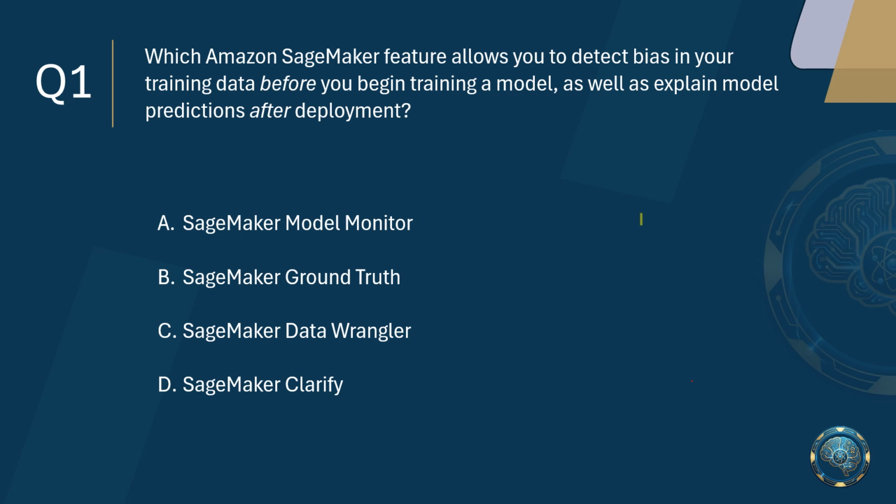Option B, Ground Truth. Option C, Data Wrangler. Option D, Clarify. I will give you 5 seconds to choose one answer. Hope you have chosen one answer.